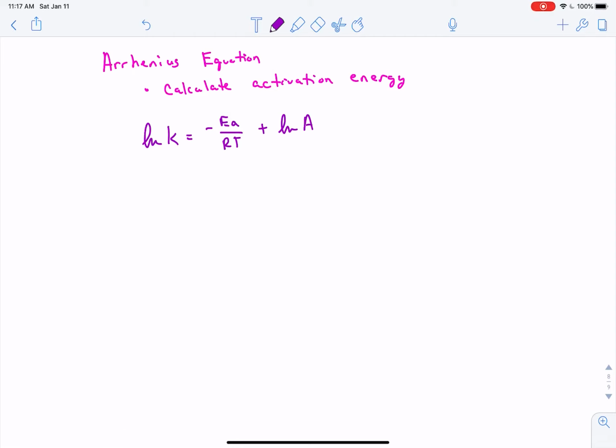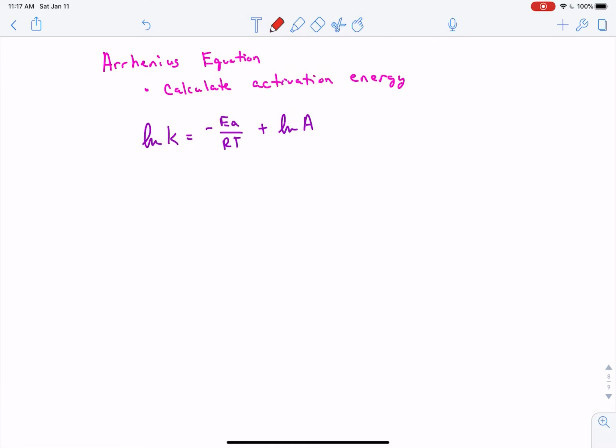The reason why I prefer this version is because it is set up the most closely to the way the graph is. What I want you to see here is that this is just a y equals mx plus b equation. Let me reorganize this a little bit.